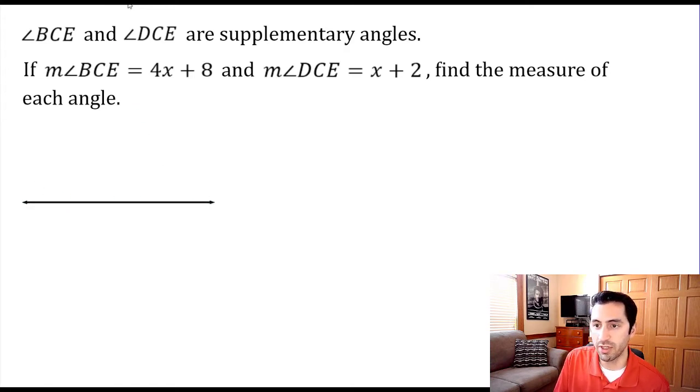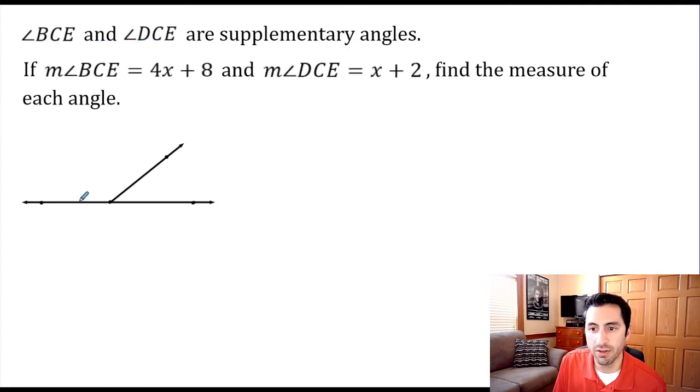So supplementary, they're going to add up to 180. That means two angles, and then they're going to form a straight line. And then let's label this. So I'm going to put some points on here. And then taking a look at how my two angles are named, I have BCE and DCE.